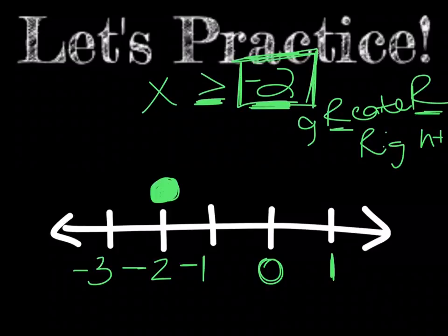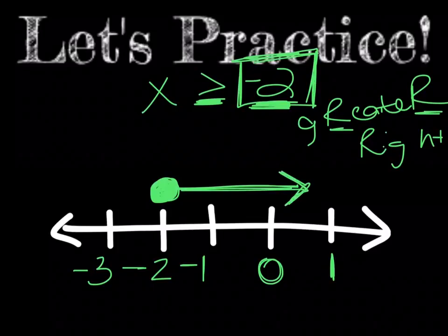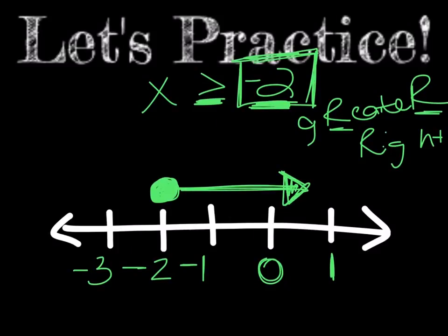So we're going to draw our arrow off to the right, and then we are done. We marked our circle where it went. We colored it in because it had the equals bar, and we pointed it off to the right because it was greater.